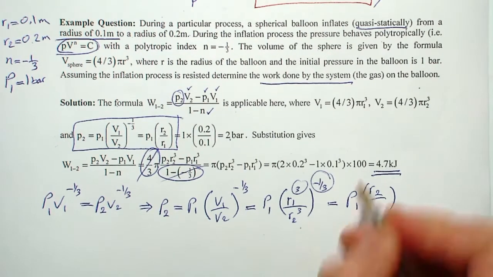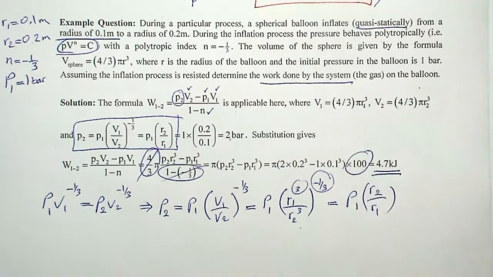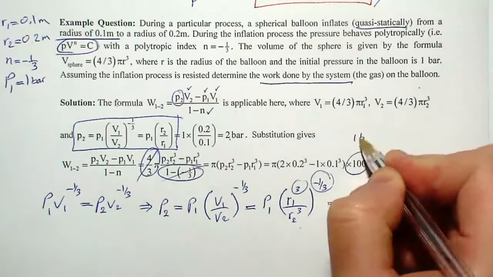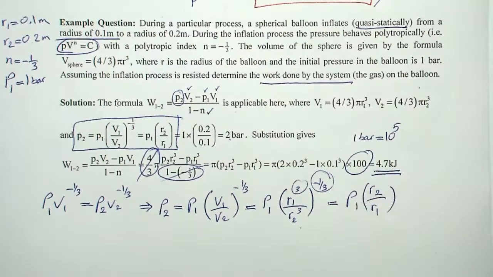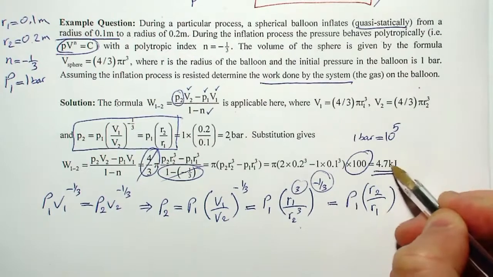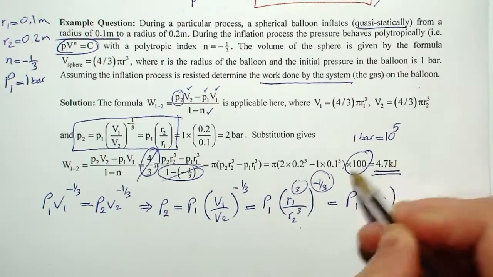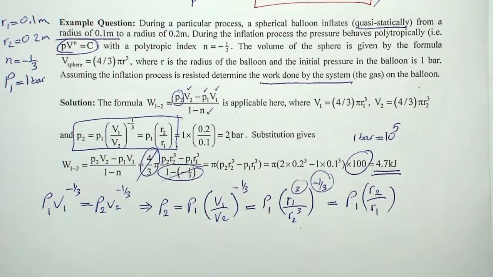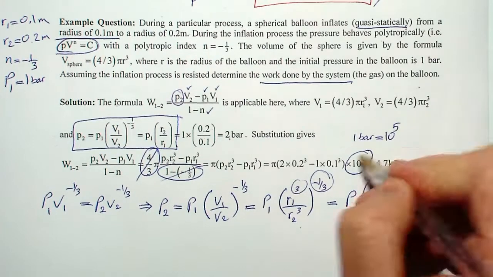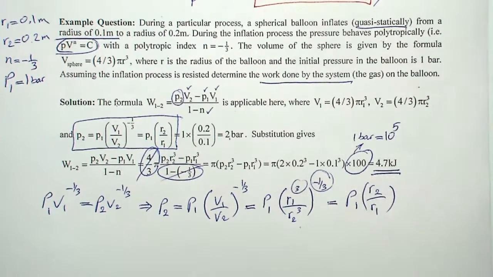And of course, this 100 here is a result of the fact that 1 bar is equal to 10 to the power of 5 Pascal. And because we have kilojoules here, that does take that into account, and therefore this is 100 instead of 10 to the power of 5. That's just a note for you to remember where this 100 comes from.